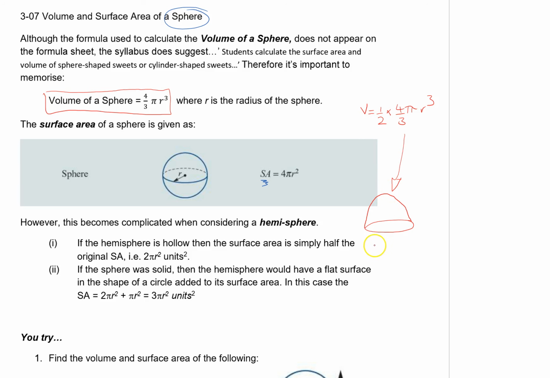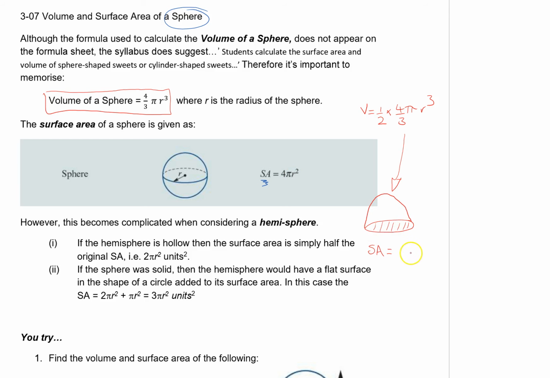However, it's not just half for the surface area, because once you've cut the sphere in half, you've created another surface. So remember, the surface area of the entire sphere is the outside curved surface.